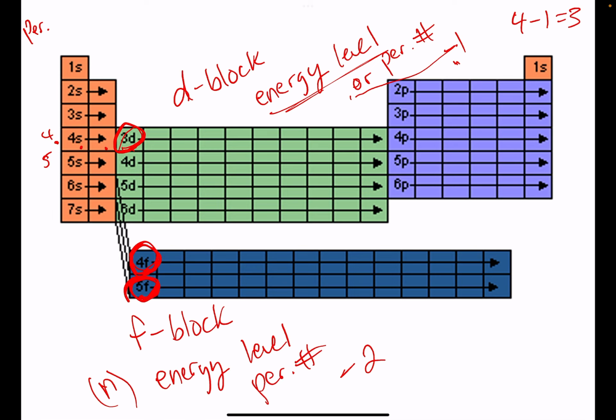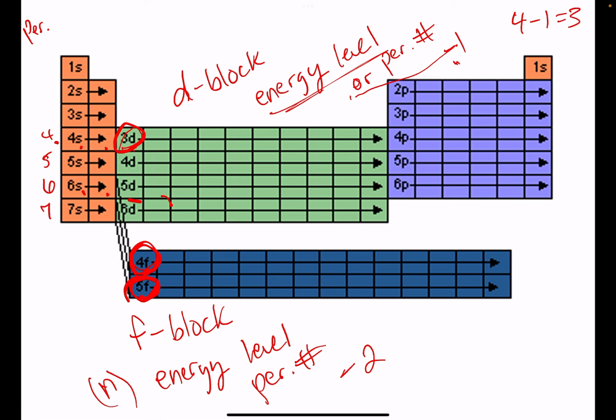And then you need to remember past 6S, we start out with our F block. So after 6S2, we enter in the F block, and that's the period number, so for instance, that's 6, that's 7. Starts out here, 6 minus 2, which is 4. That's why we have 4F.